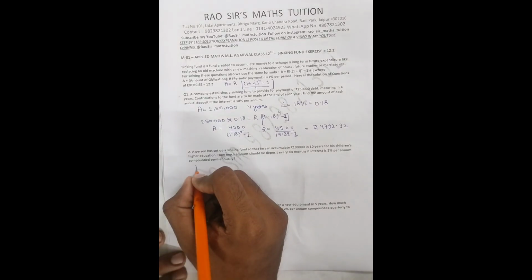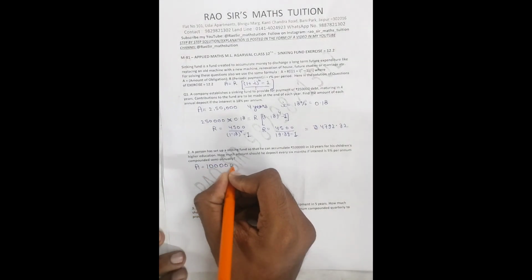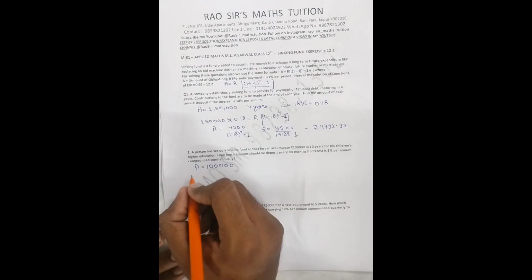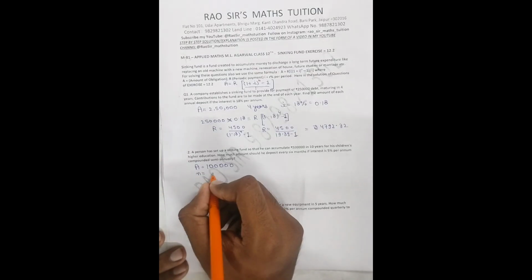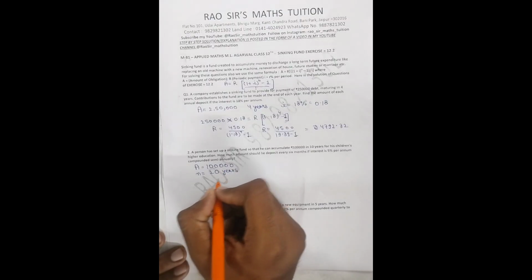A person has set up a sinking fund so that he can accumulate 1 lakh in 10 years for his children's higher education. How much amount should he deposit every 6 months if interest is 5% per annum compounded semi-annually? Here the interest is semi-annual. So here A is 1 lakh.